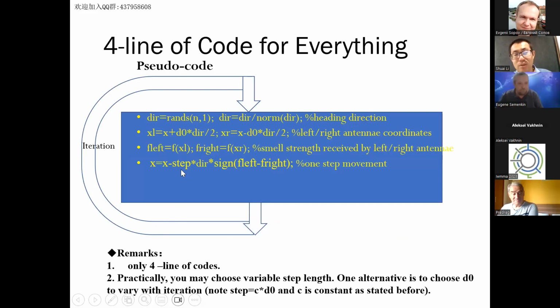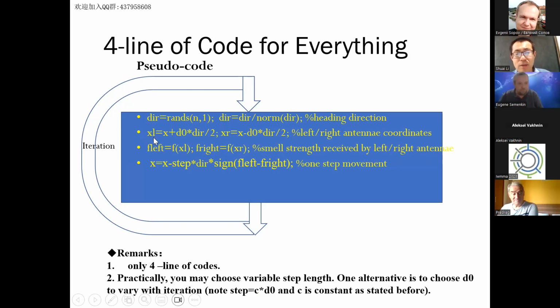And finally, we have this code to summarize the behaviors of the beetle. The first line, again, is the definition of the heading direction or the antenna direction of the beetle. dir finally is a normalized n-dimensional vector.